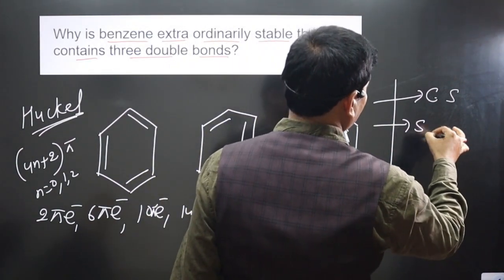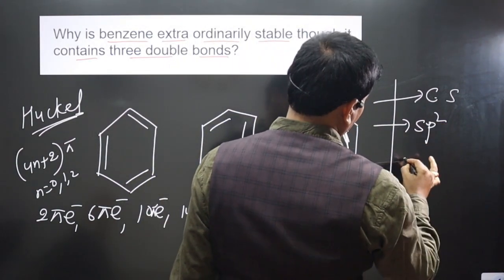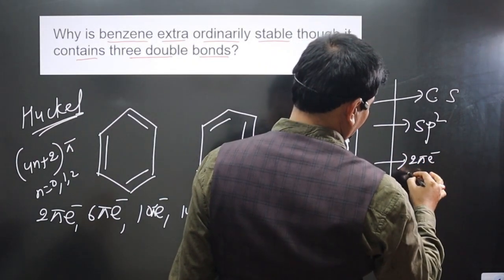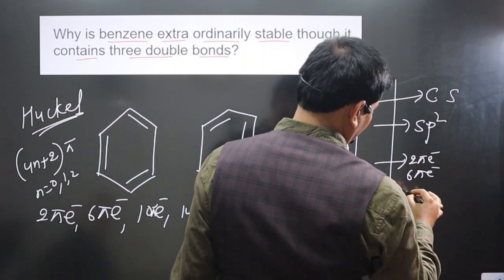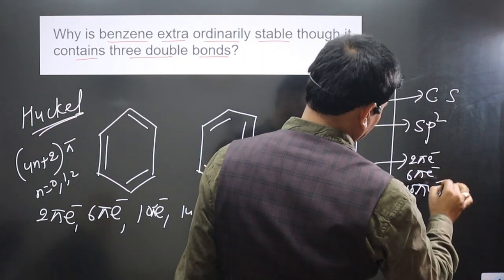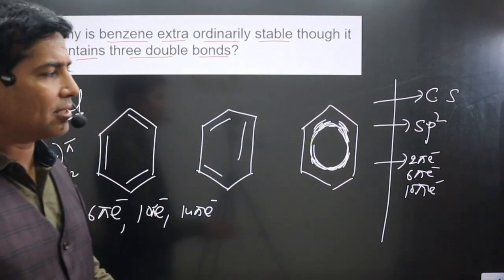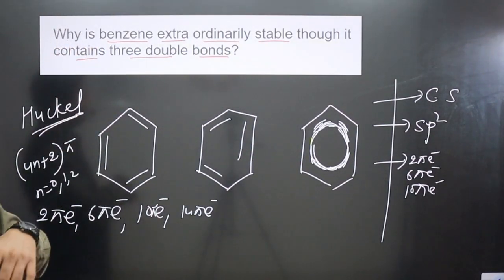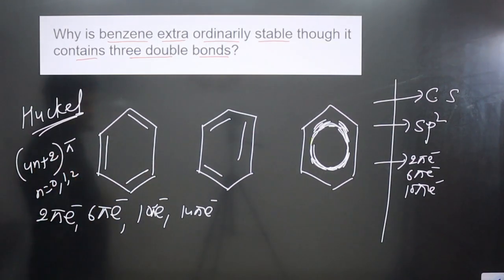Each carbon should be sp2 hybridized planar structure, and then it should have 2 pi electron, yeah, maybe 6 pi electrons, or it can have 10 pi electron, like that. So you can see if all these conditions are met by a compound, so it will have aromaticity. It will be highly stabilized by aromatic characters. Okay, so this is also adding another factor for the stability of a benzene ring.